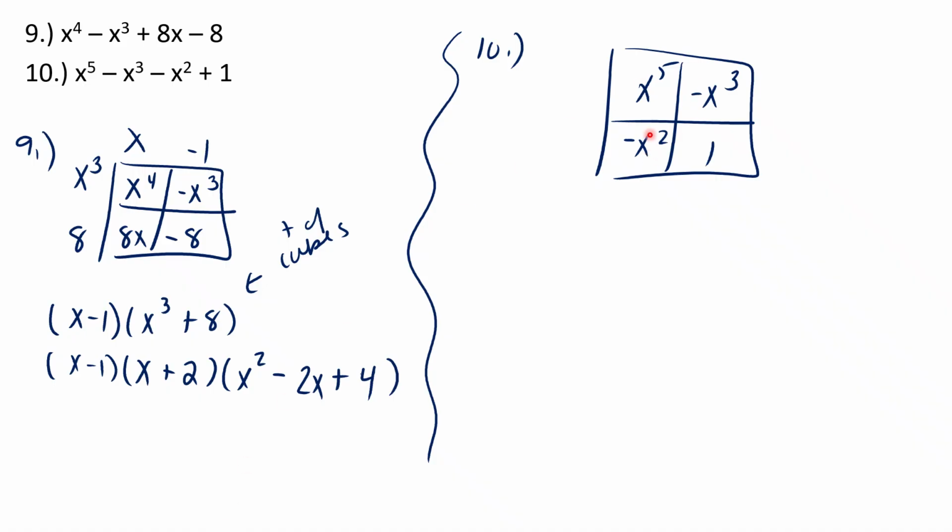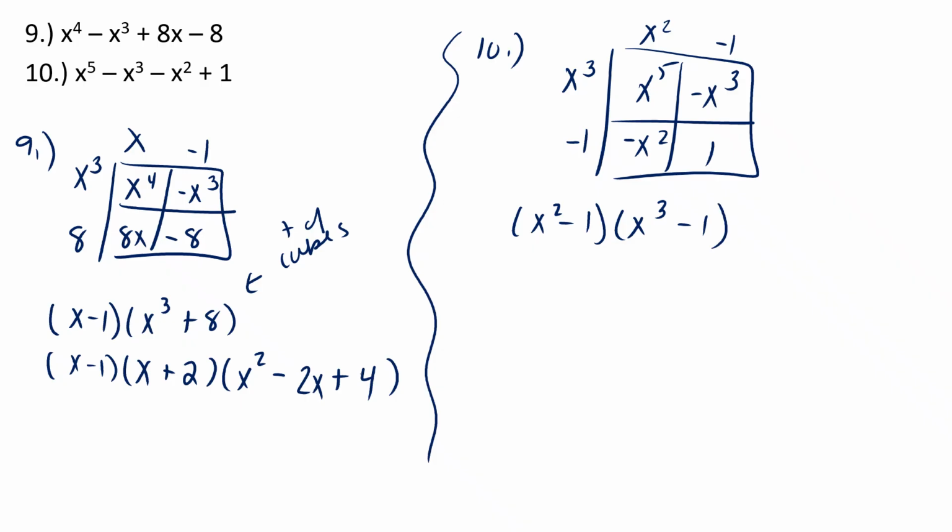And I'm just going to go ahead and say, okay, my GCF between x to the 5th and x squared is x squared, which means this is x cubed, means this is -1, and this is -1, and -1 times -1 is +1.